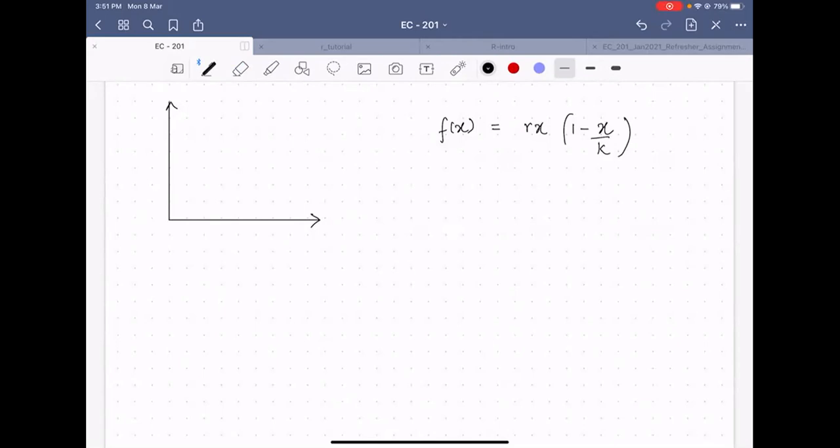So whenever I give you a function, what is the first thing that you should find? If I have to plot this function, what should be the first thing? First, the power of x.